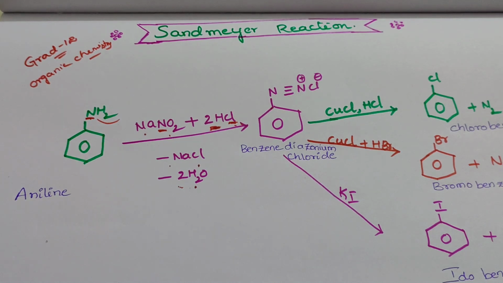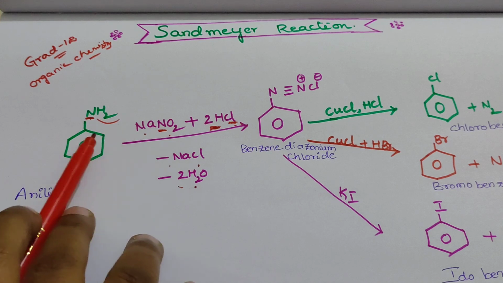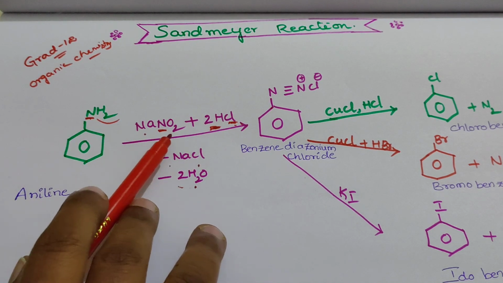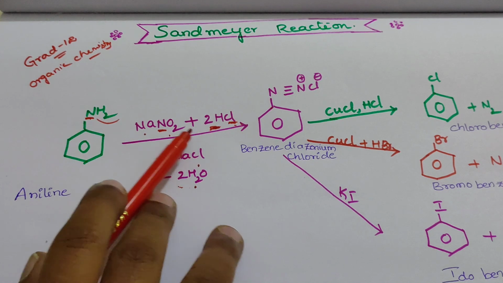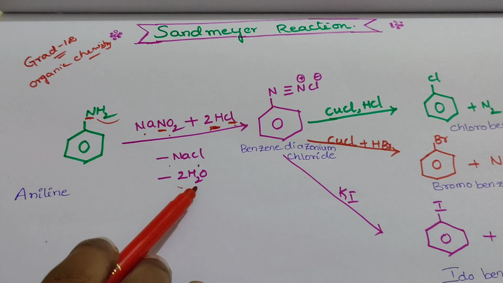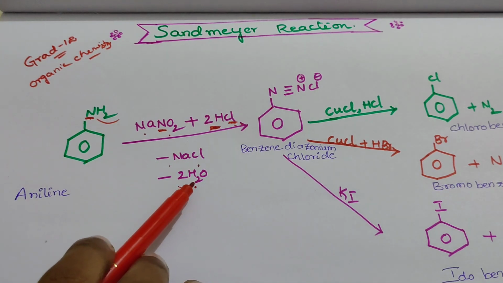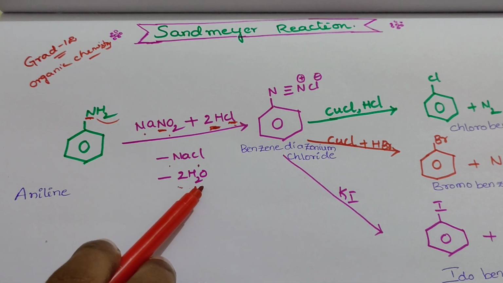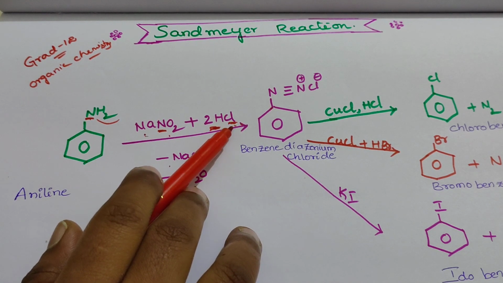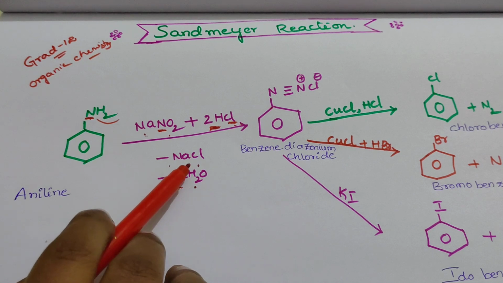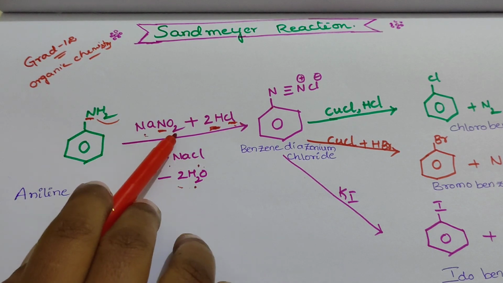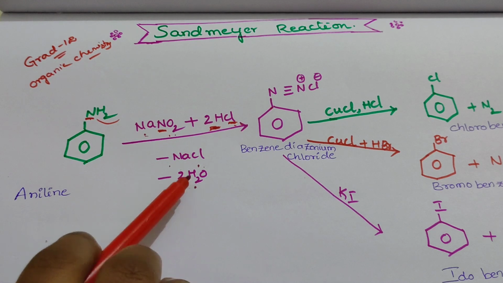How does the reaction happen? The aniline undergoes diazotization. The reagents are sodium nitrite and HCl, which remove NaCl and a water molecule. The sodium atom and chlorine atom are removed as sodium chloride, and two hydrogens and oxygen are removed in the form of a water molecule.